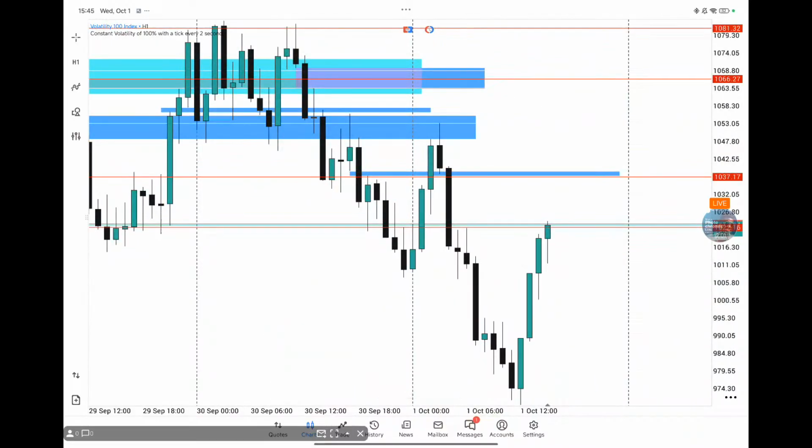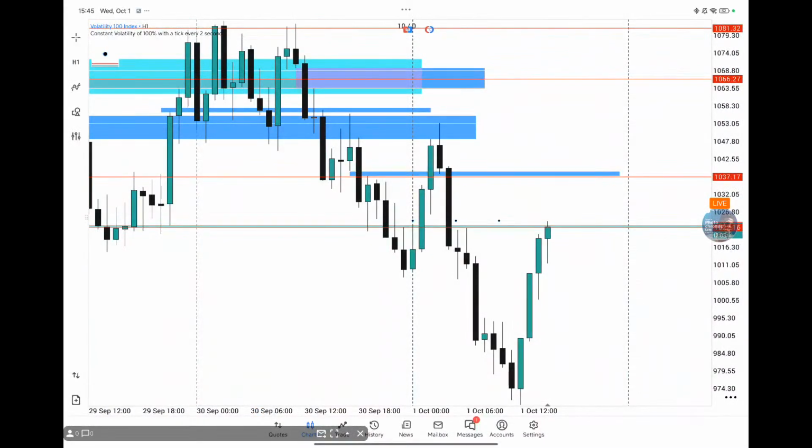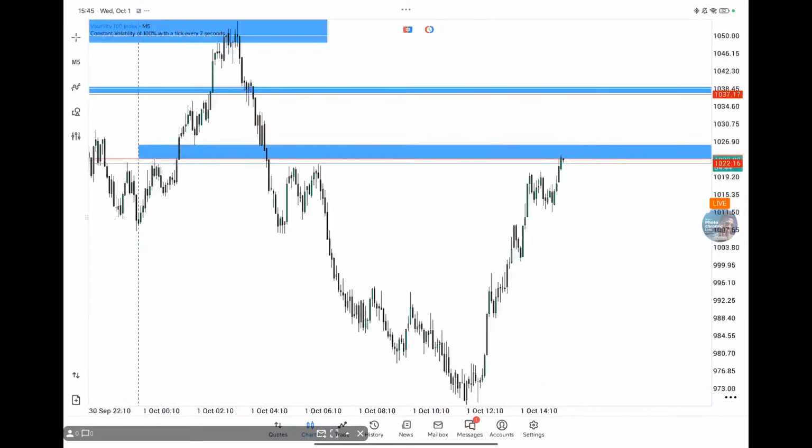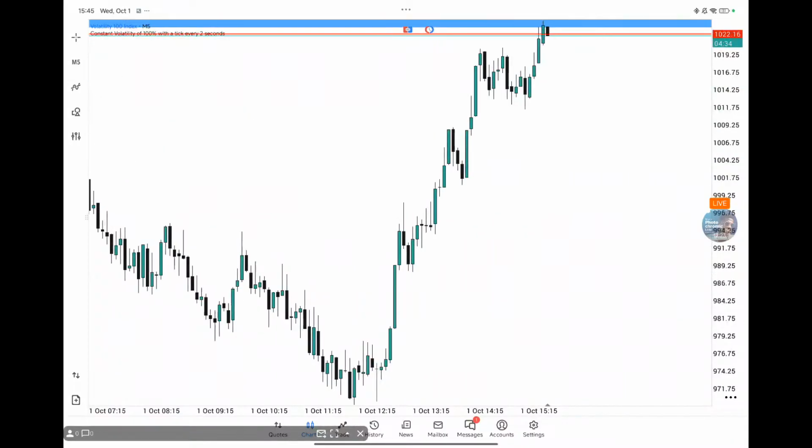Which fair value gap was I considering? I was considering this particular fair value gap right in here. Then we see how price has just tapped into the fair value gap for the first time. If it creates a swing high, then we have a perfect scenario for a high to have been created.